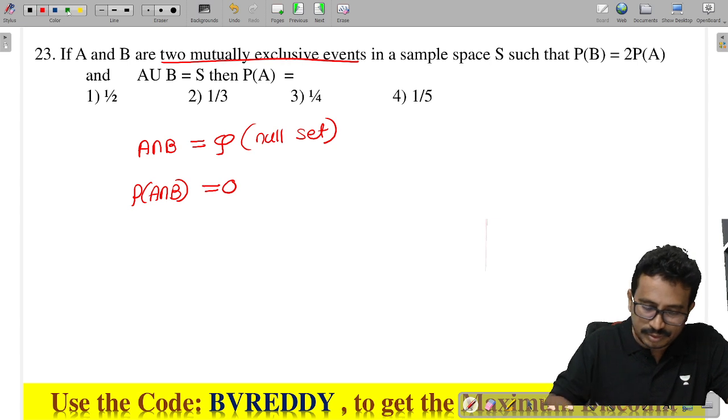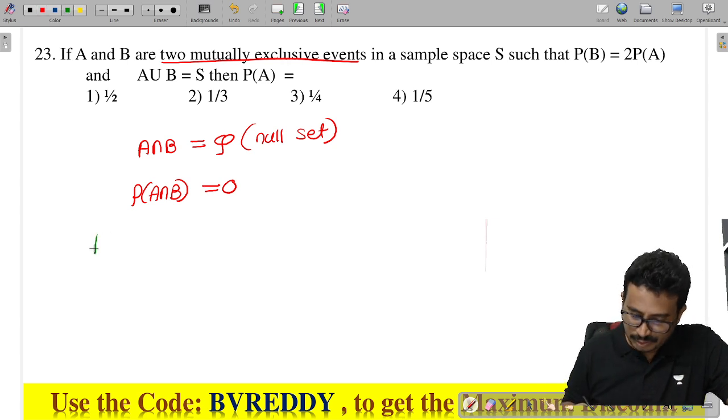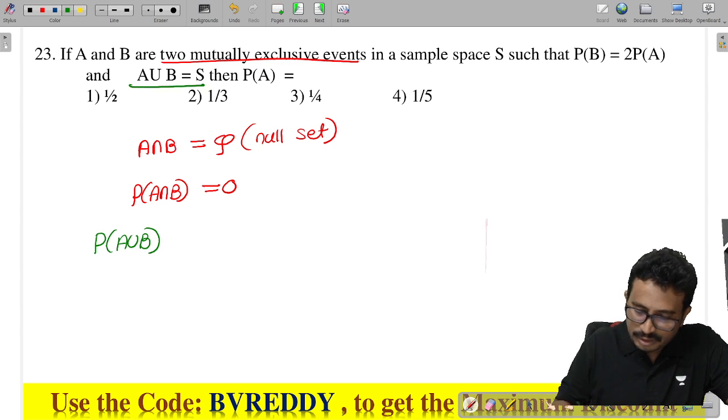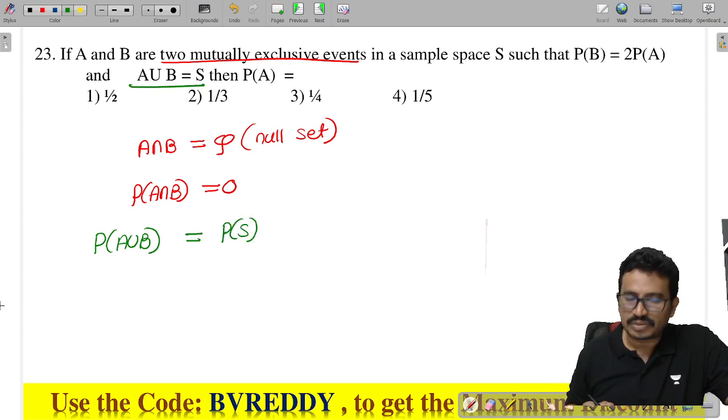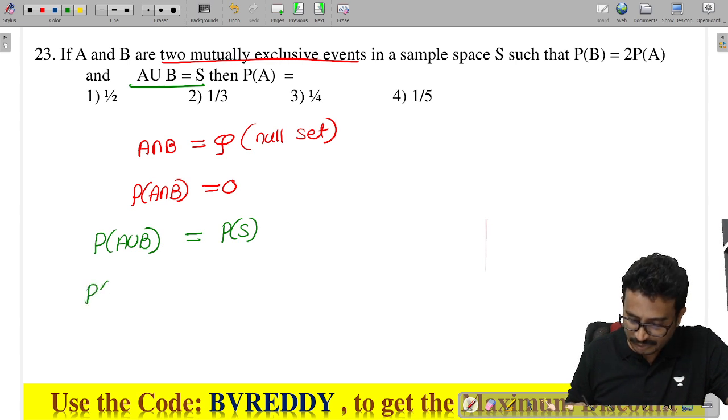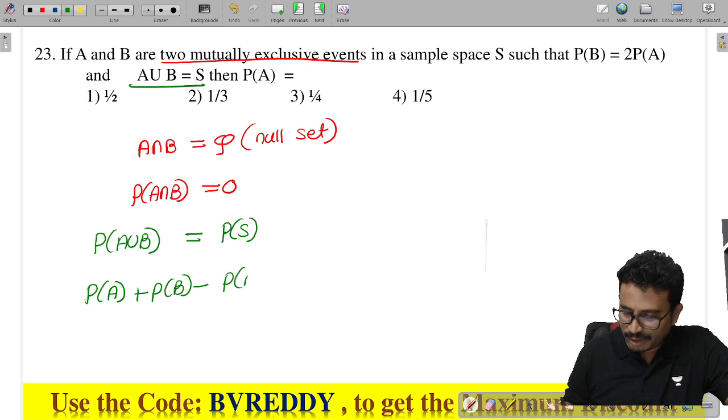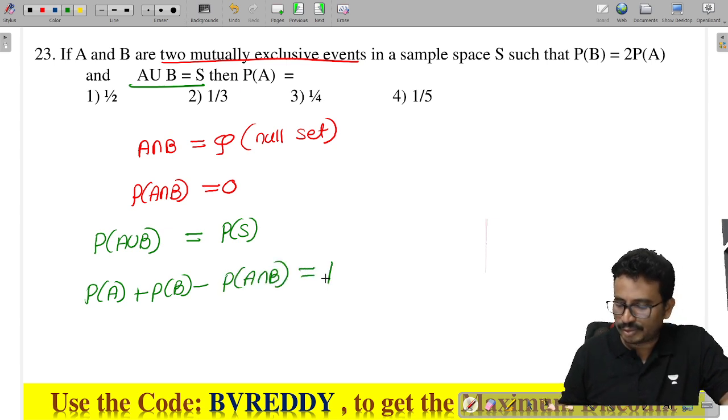Which is 0. Null set. So P of A union B, from this relation, is nothing but P of S. The probability of the sample space is 1, no? So P of A union B is given as P of A plus P of B minus P of A intersection B, which is equal to 1.